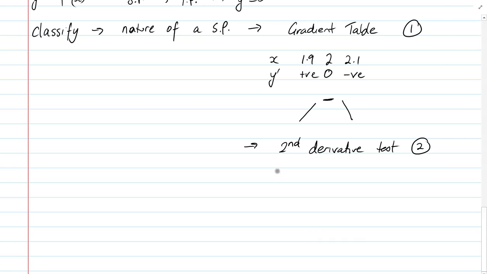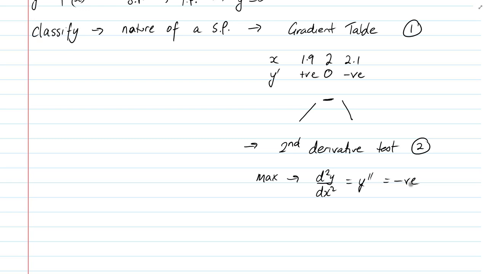That means that if we have a maximum, d squared y dx squared, which is also known as y double dash, will be negative. It means that the gradient is going from a larger number, a positive number, to a negative number. That means that the way it's changing must be negative.